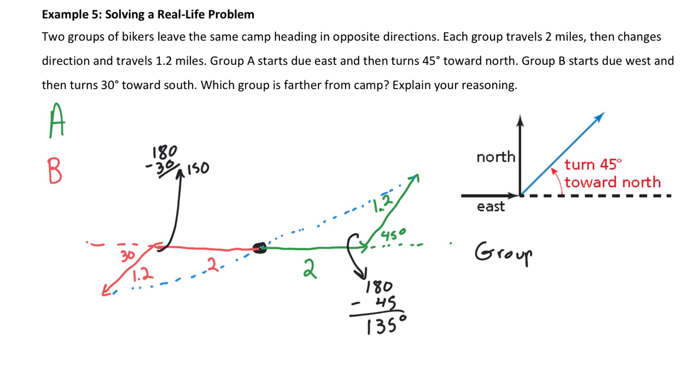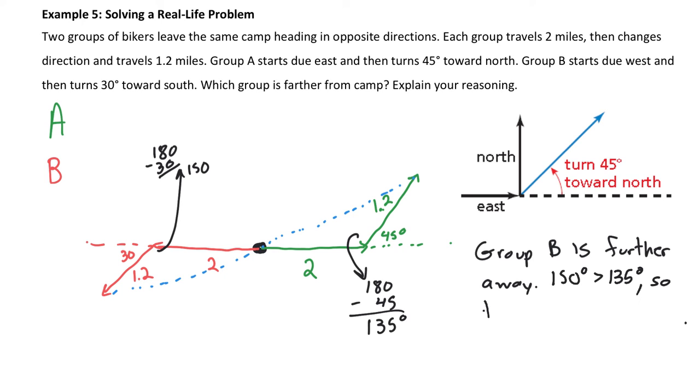Group B is further away. The reason they're further away is because 150 degrees is greater than 135 degrees.